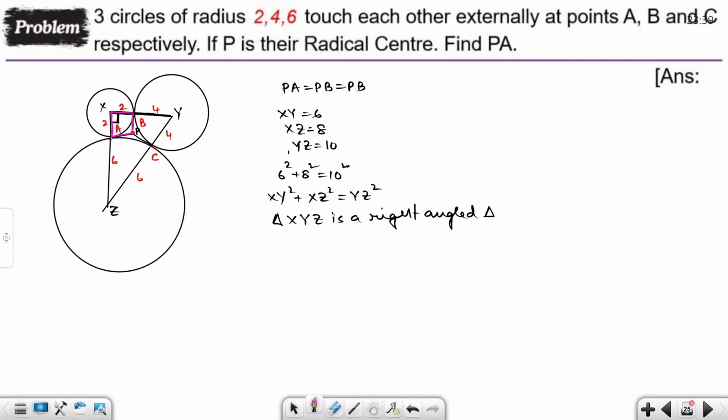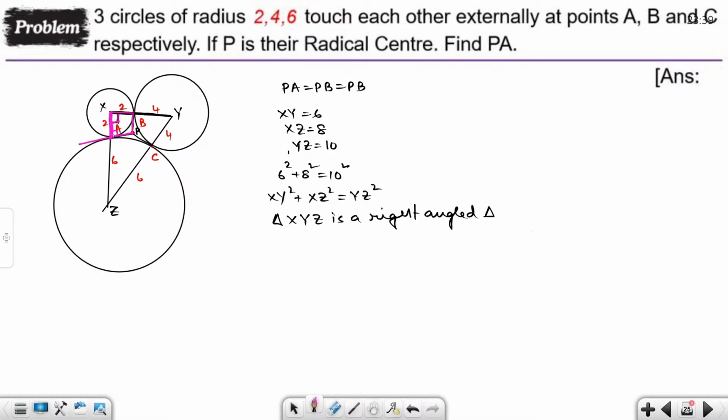now what we can observe, this angle is 90 degrees, this angle is also 90 degrees. Why? Because this is the radius and this is the tangent, PA is the tangent. So naturally, since XA is the radius, it will be the normal also because it is touching the point of contact.